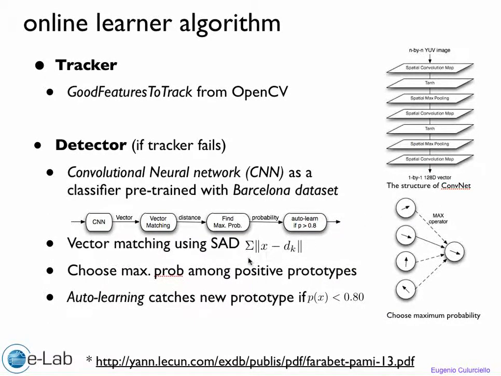Once you have this vector, it is matched to the prototypes with the sum of absolute difference, a simple distance metric. So we save the prototype, and now we have this 128 vector, and we match it to the prototype. We see whether it is close to the prototype or not, and we have a threshold.